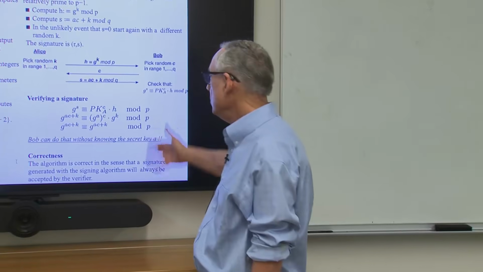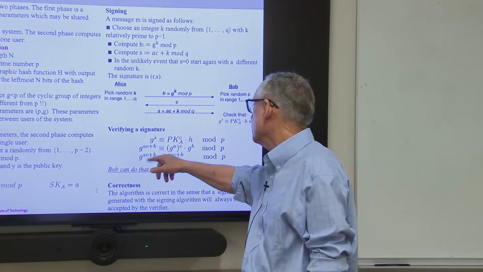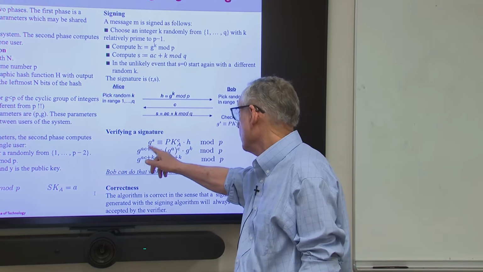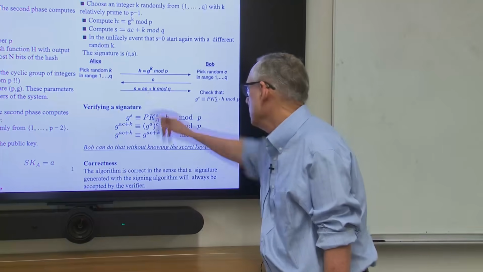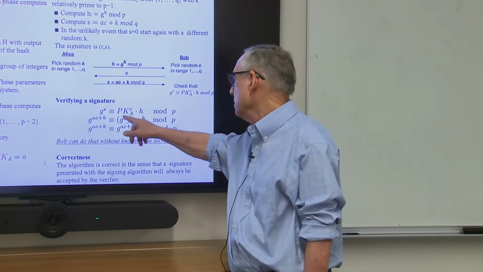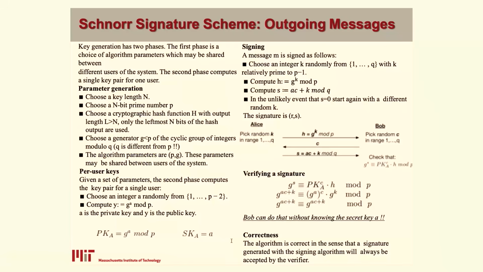Are these things equal? Well, if all these steps were followed, then G to the S is just G to the, what S is, AC plus K. And over here, this public key raised to the power C is like G to the A raised to the power C, which is like a product, times H. But again, H was given by the first step that Alice did somewhere here.